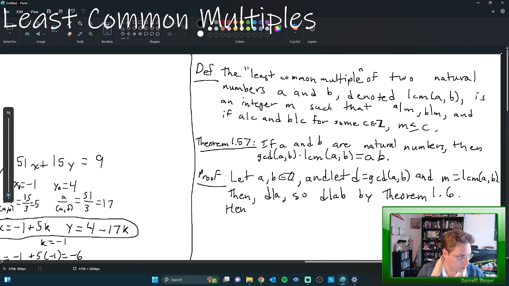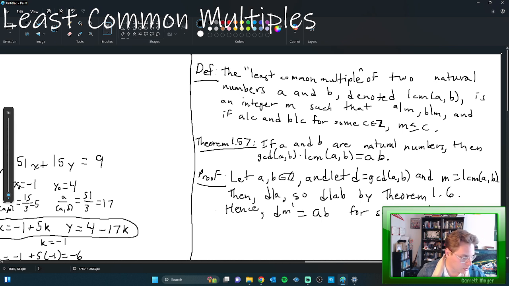Hence, dm prime equals AB for some m prime that's an integer. So my goal here is going to be to try to show that m prime is the least common multiple. Because once we can show that, then we have the greatest common divisor times the least common multiple just equals AB.